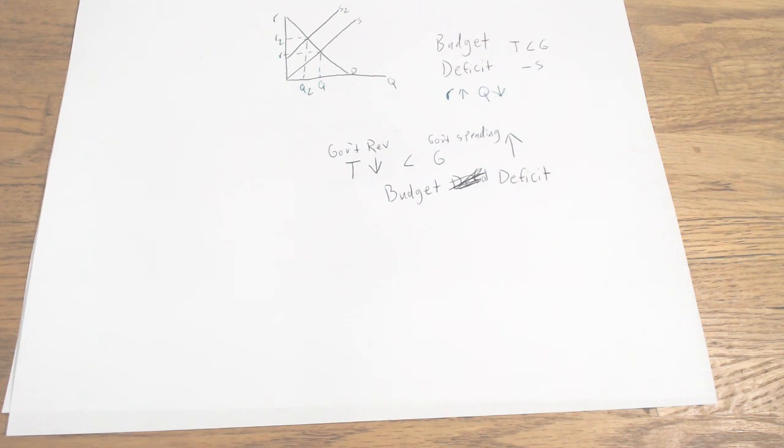Now, if you're reducing government spending, this usually means cutting back on certain programs or canceling them. In either case, this is going to cause unemployment. If you fire a bunch of people, they're going to be out of work, and this is going to make the politician look bad.